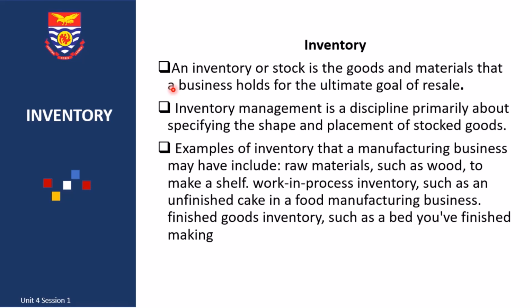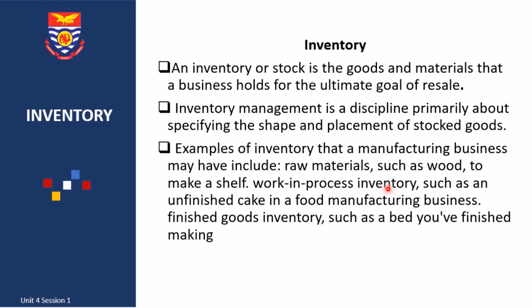a need for organizations to adopt proper inventory management mechanisms so that the cost that is associated with inventory is reduced to the minimum. And it should be noted that there are various examples of inventories that a typical manufacturing business might hold, and some of them include raw materials, which may be in the form of wood, assuming the manufacturer is making a shelf.